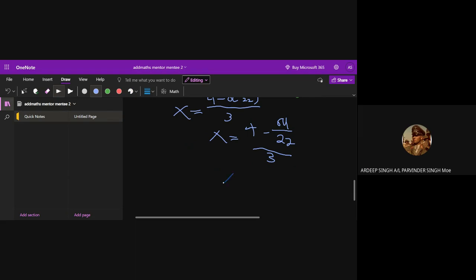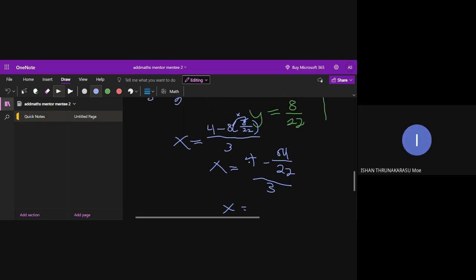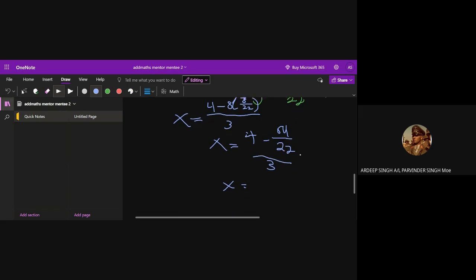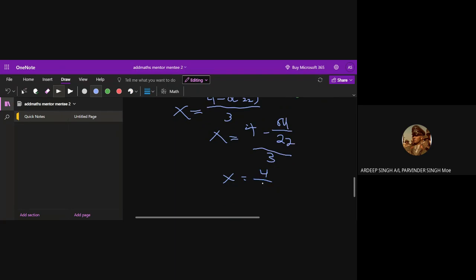So x equals 4 minus 8 bracket 8 over 22, right? Then 8 times 8 is 64, 64 over 22 over 3. So the last answer will be 4 over 11.